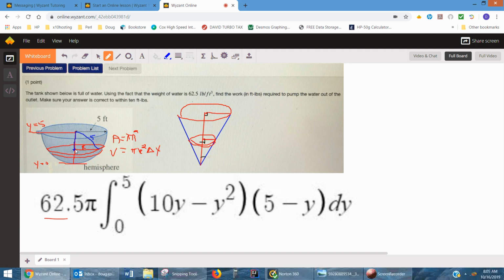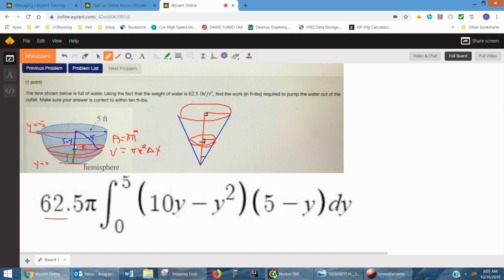So, for example, this could be a 3. But in terms of y, this distance right here is 5 minus y, because this distance right there is y.